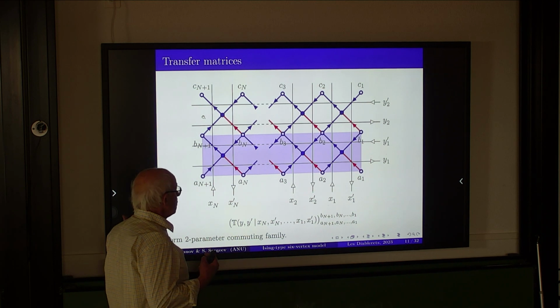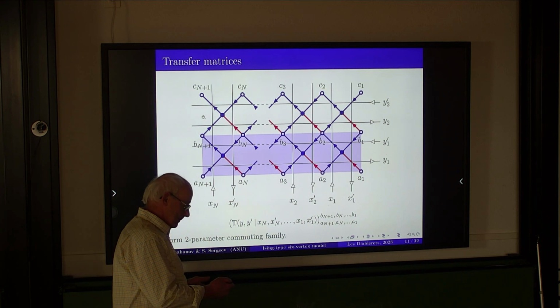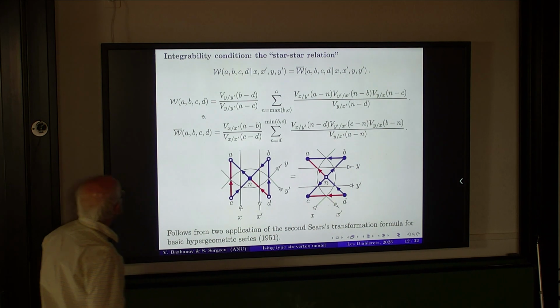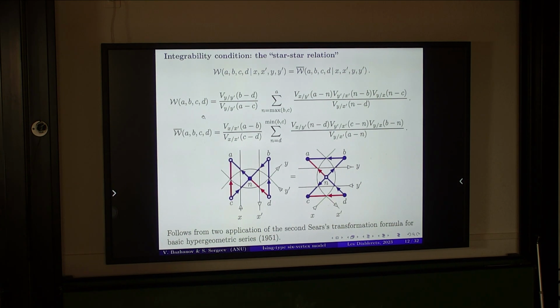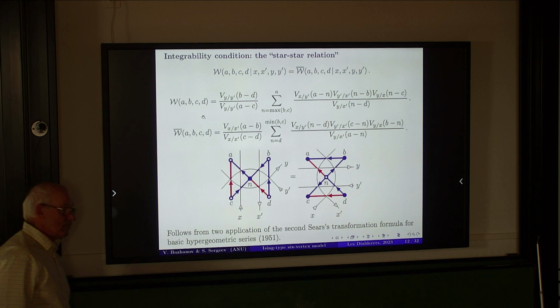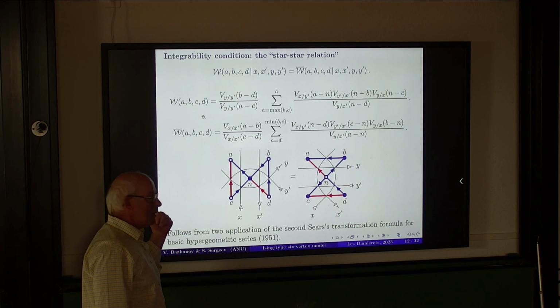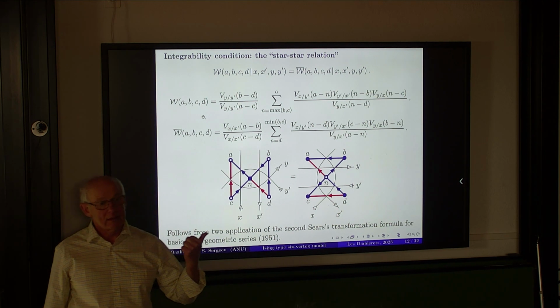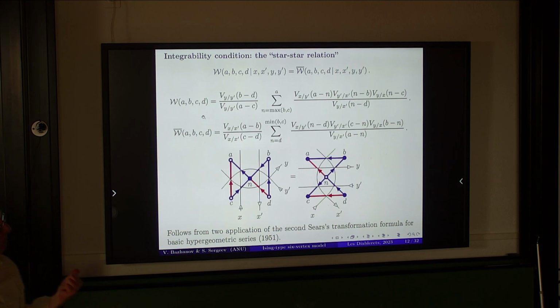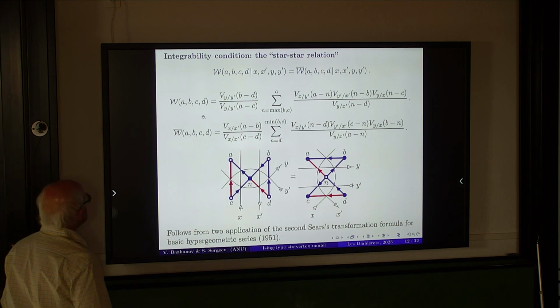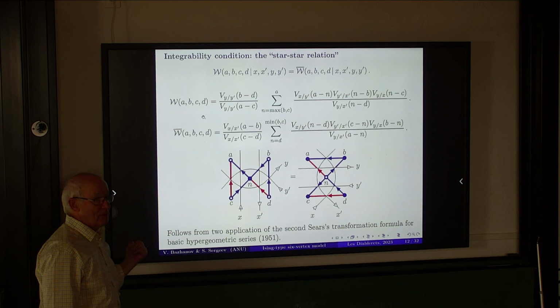How do we know this? What's the integrability condition? The integrability condition is what is called the star relation.